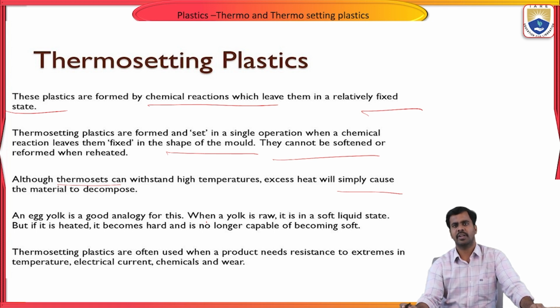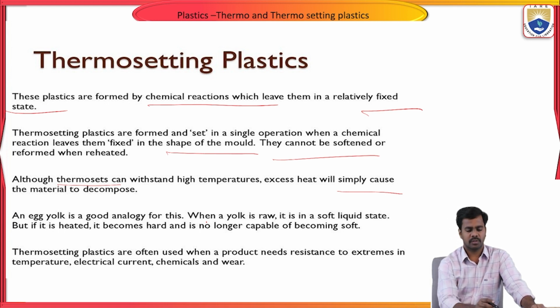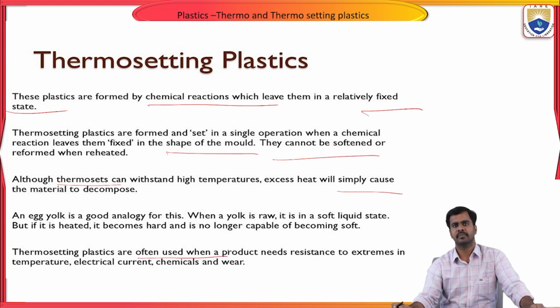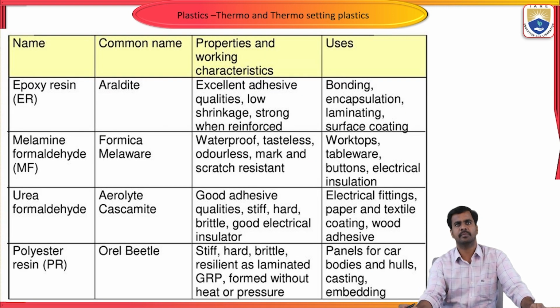Egg yolk is a very well-known example for thermosetting plastics. So thermosetting plastics are often used when a product needs resistance to extremes in temperature, electrical current, chemicals, and wear. These are some important thermosetting plastics, and let us see them one by one.